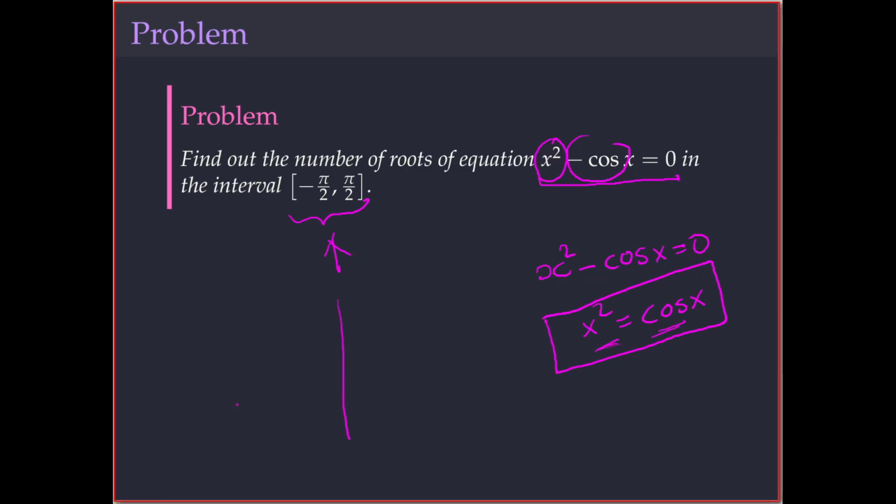What I will do is plot x square and cosine x to see how many solutions there are. However many times the graphs intersect in this interval, that many solutions will be there.